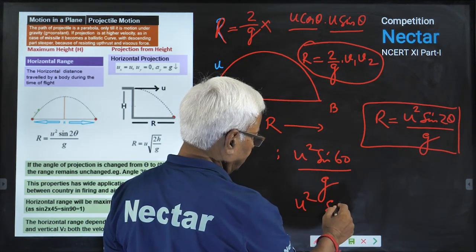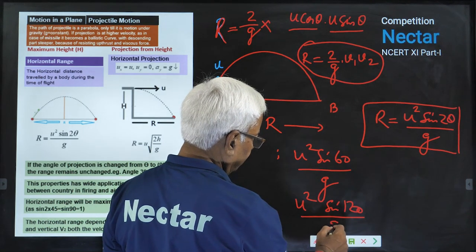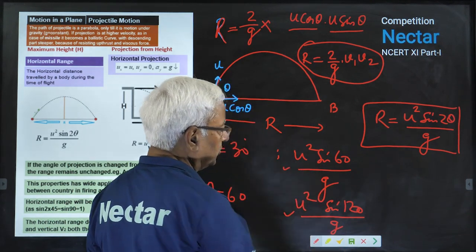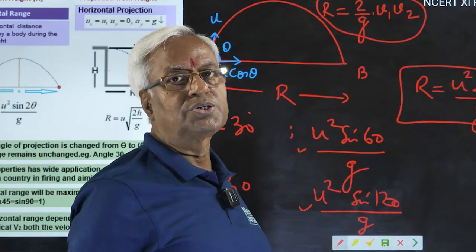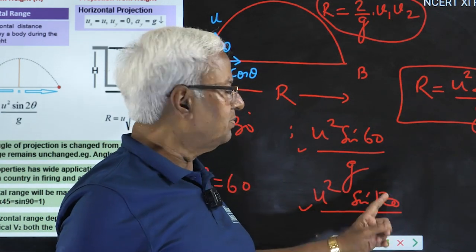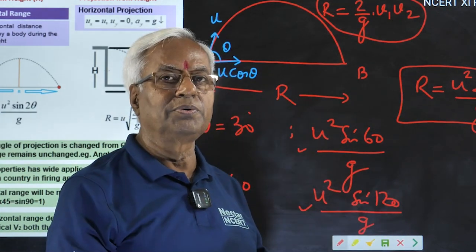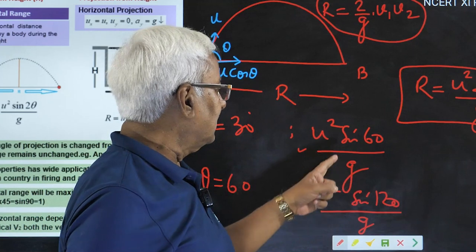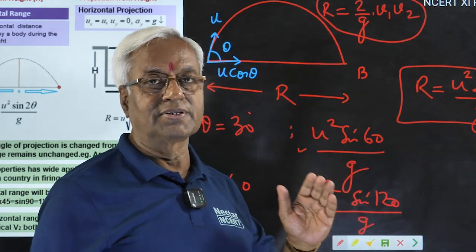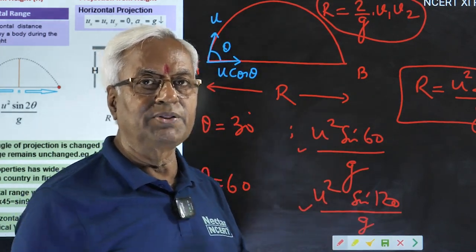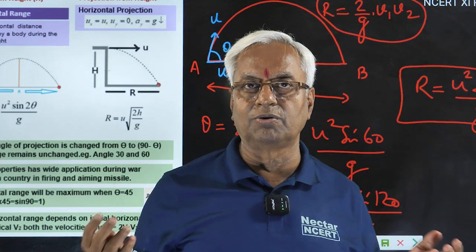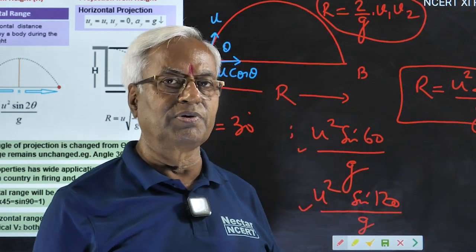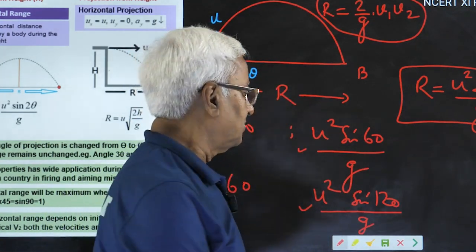You see, in both the cases you are having these two values for range, and you know sine 60 and sine 120 have the same value, root 3 by 2. Better to say that both are the same. Let's conclude. If the angle of projection is 30 degree or 60 degree, range will be the same in either case.